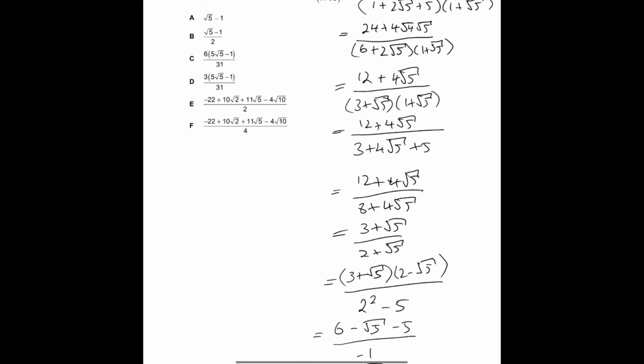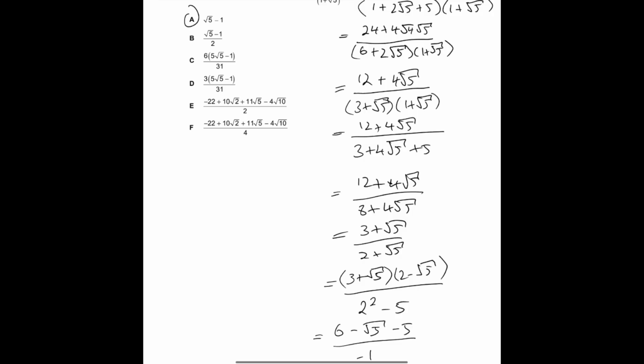Six minus root 5 minus 5 over, what's that? That is minus 1. That's 1 minus root 5. Okay, A.